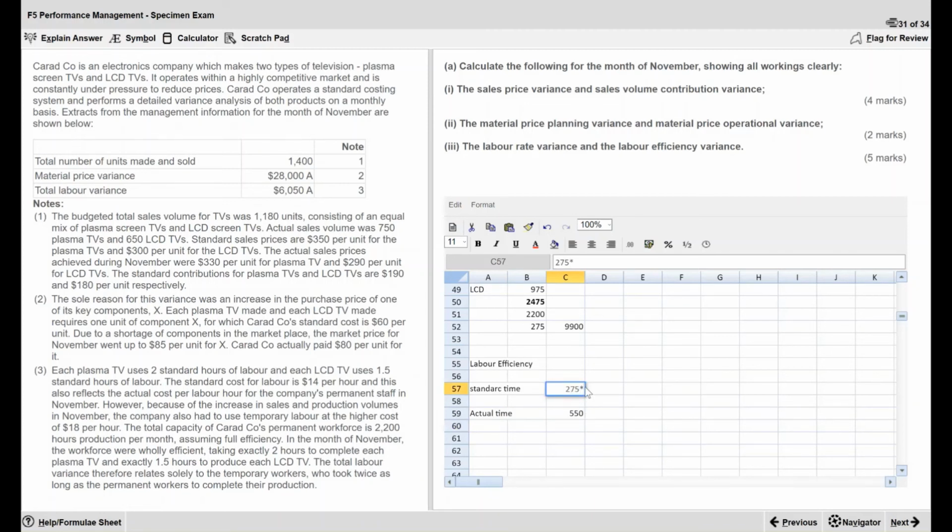Now which rate should we use, the actual rate or the revised rate? Remember, we use the original rate, no matter whatever the actual rate is, because we have already considered that in the price variance. So 275 multiplied by 14.